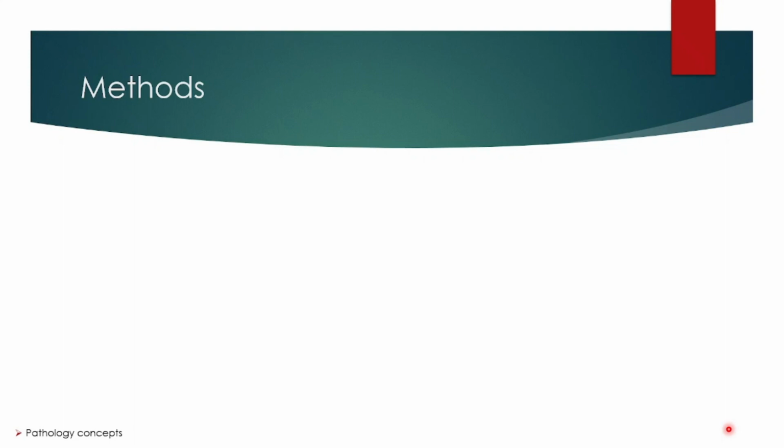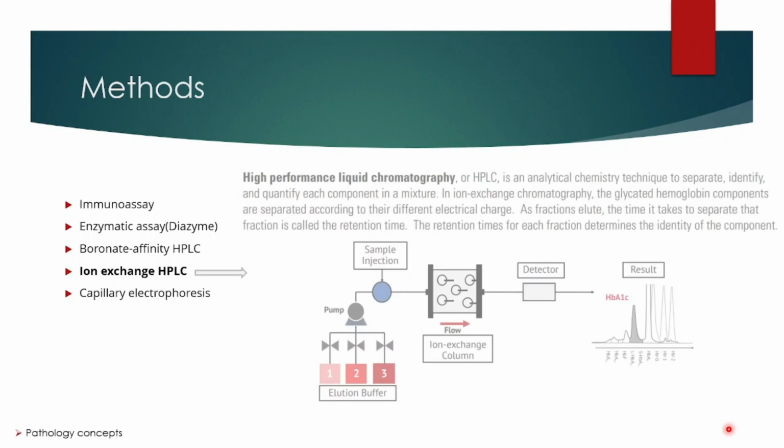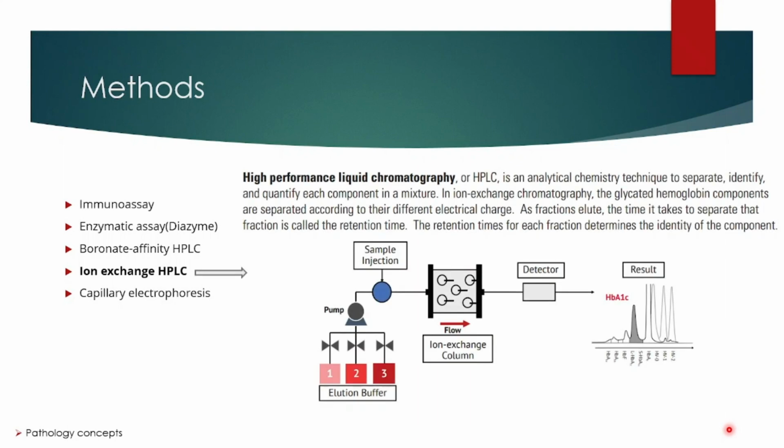Methods to detect HbA1c are immunoassay, enzyme assay, boronate affinity HPLC, ion exchange HPLC, and capillary electrophoresis. In ion exchange chromatography, glycated Hb components are separated according to their different electrical charge.